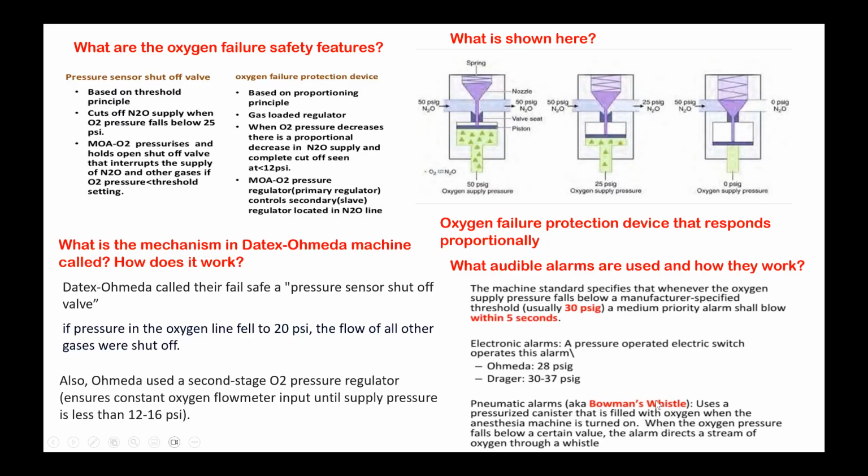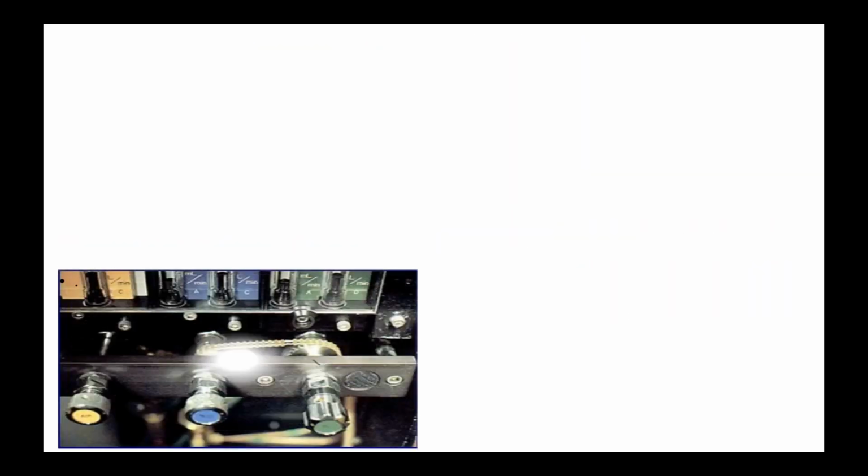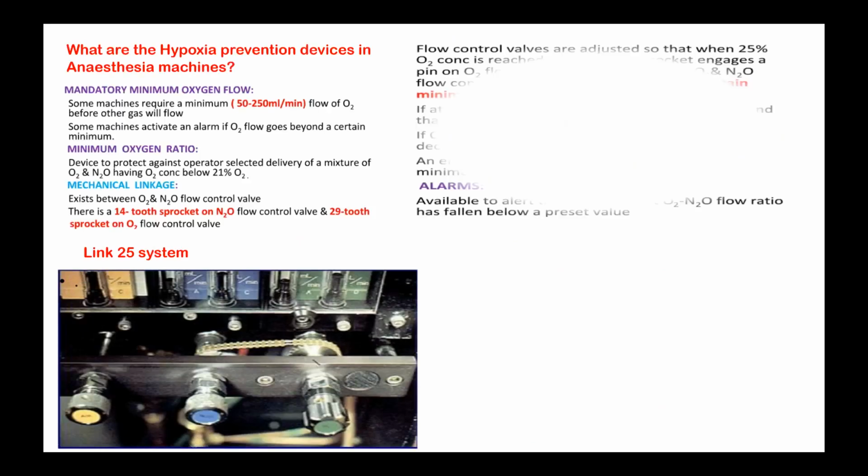When you switch on the machine, initially it will give a sound. Then when there is a drop, it will continuously blow, and that has to happen within 50 seconds when the pressure drops to less than 30 PSI. There is another one called Ritchie's whistle also. This is again another picture of Link 25.